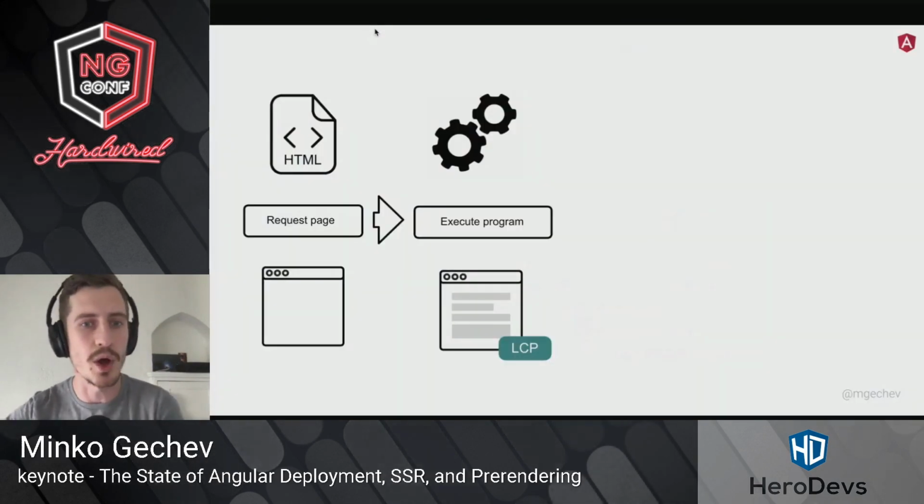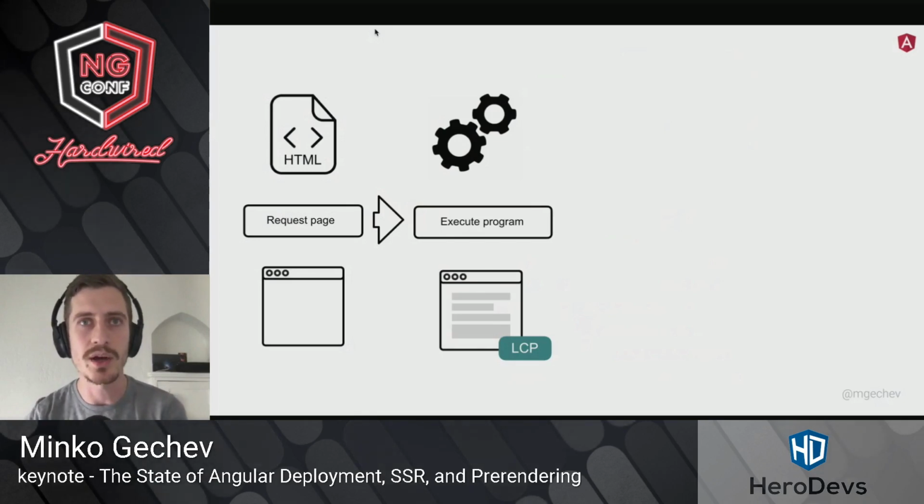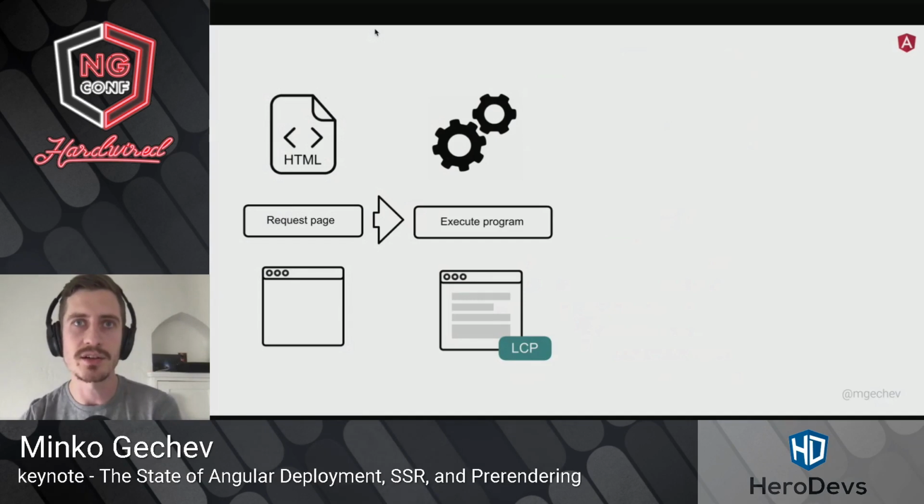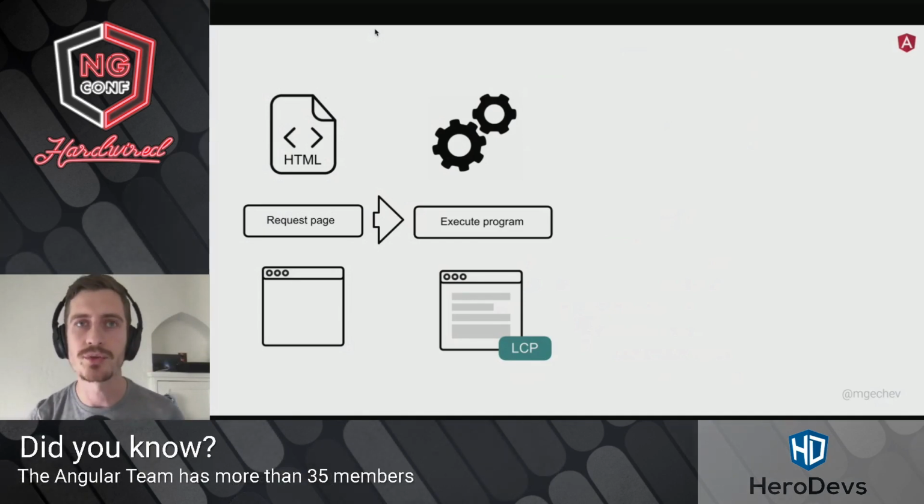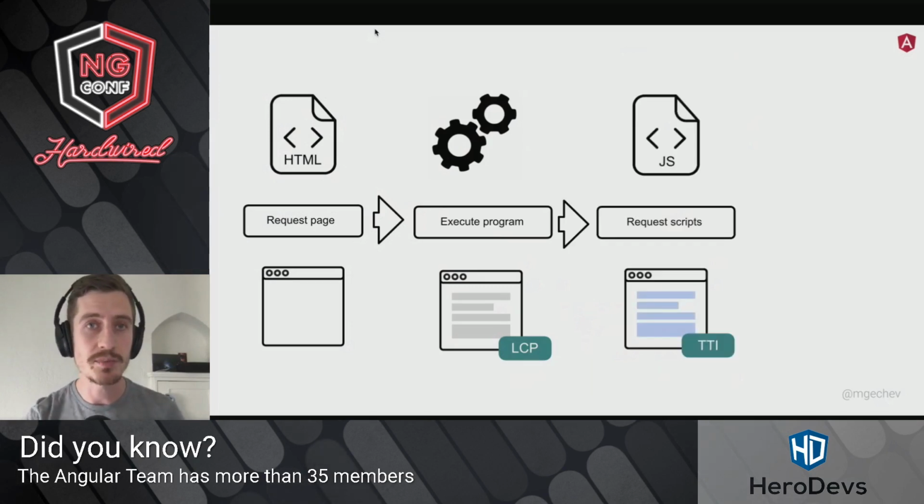We're still sending requests to the web server, which was forwarding this request to an external program through the Common Gateway Interface, which was fetching data from a database, let's say, and right after that returning rendered contents to the browser. And the browser was able to render something, so it was making the page useful at this point with the largest contentful paint. Right after that, the page was also referencing some JavaScript files.